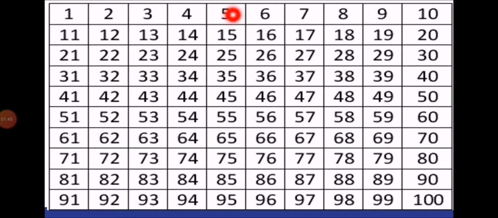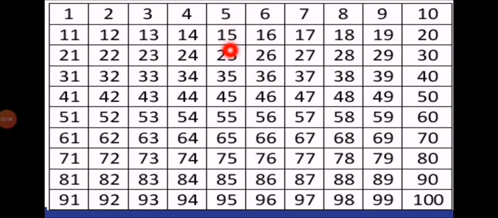Put 5 in your mind and count onwards on your fingers. 5, 6, 7, 8, 9, 10, 11, 12, 13, 14, 15. Yes, it's 10. And from 15 to 25, again 10.